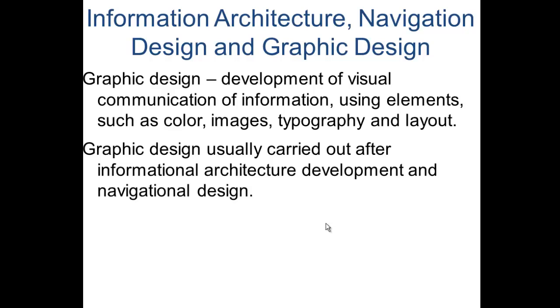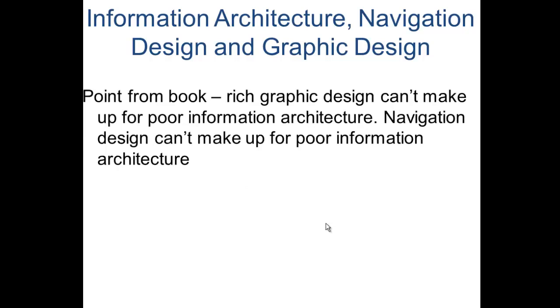We have gotten used to that, and being able to use those three panels and visually balance things out between them would be an example of graphic design coming into play. And as it says there, graphic design is usually carried out after information architecture development and the navigational design.